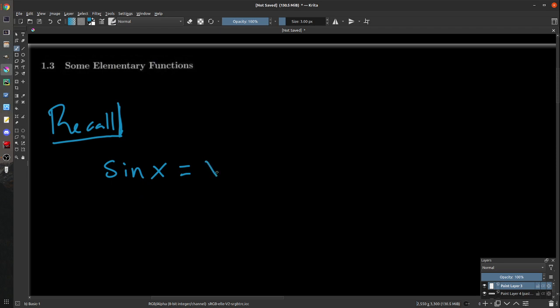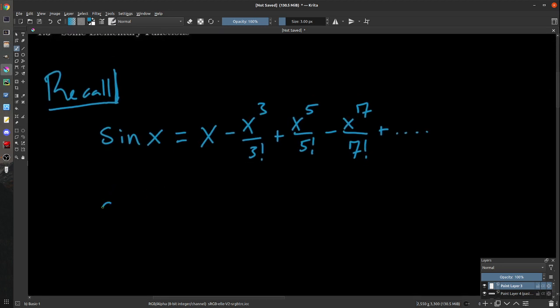Is it something like x minus x cubed over 3 factorial plus x to the 5th over 5 factorial minus x to the 7th over 7 factorial plus dot dot dot, and so on? Everyone remember that, right?